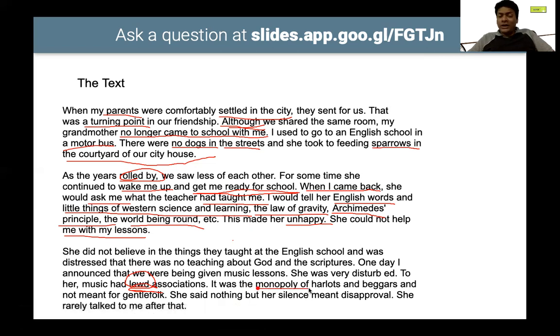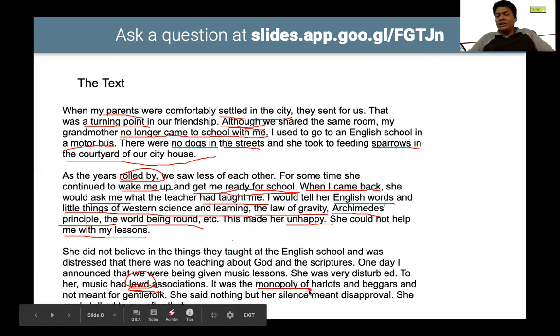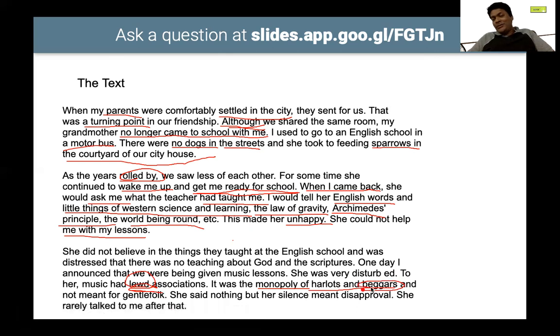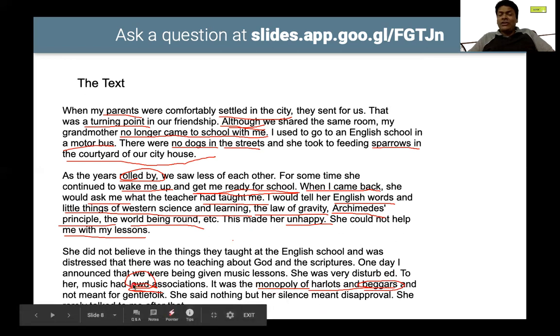Those people who learn music are nothing but harlots and beggars. Harlots means women who earn money by singing songs, and beggars means those who beg by singing songs. And music is not meant for the common people.